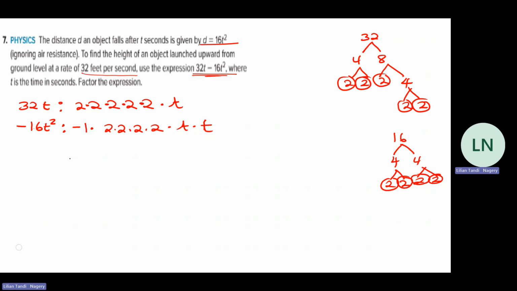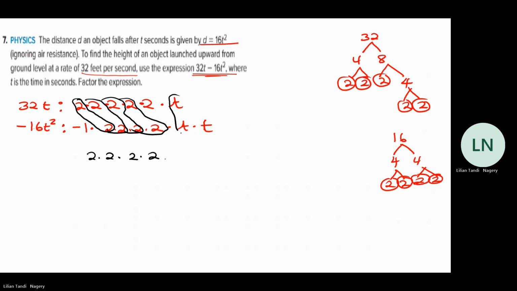Now, let us find our common factor. 1, 2, 3, 4. And t. So the greatest common factor is 16t.